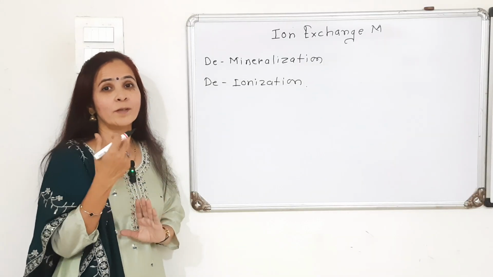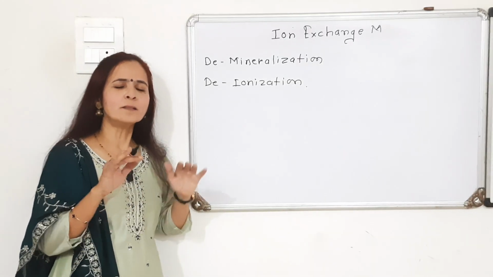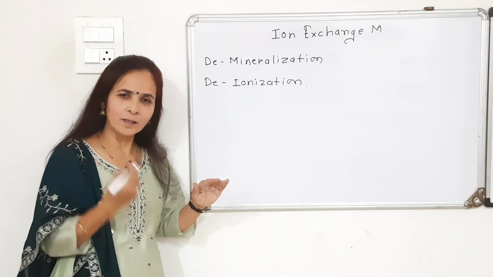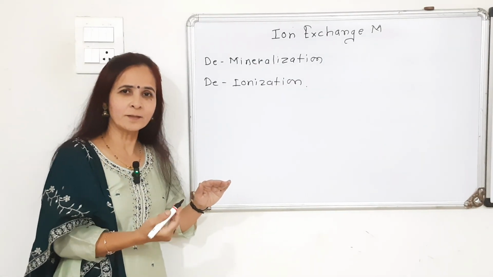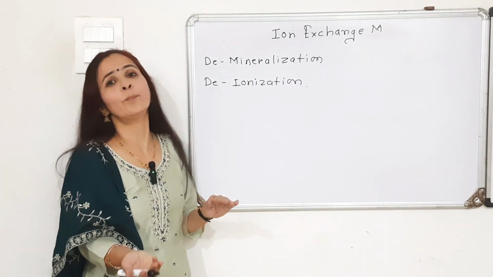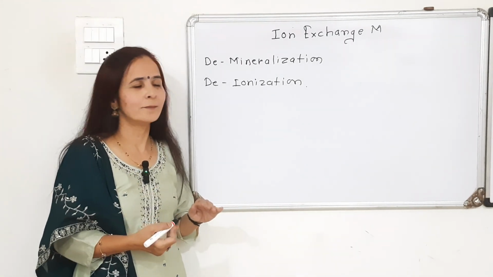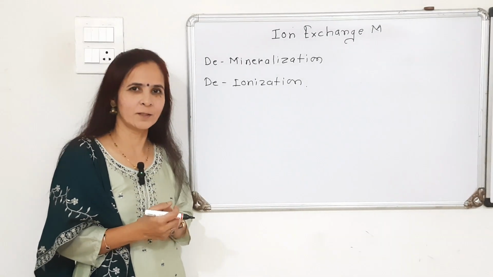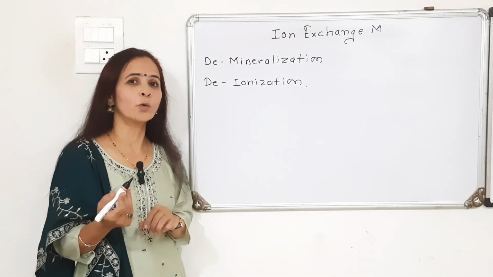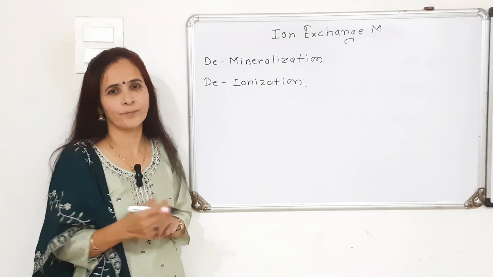Now we will see what is a resin. A resin is an insoluble, porous, natural or synthetic polymer which has ionizable functional groups. These resins are also known as ion exchangers.